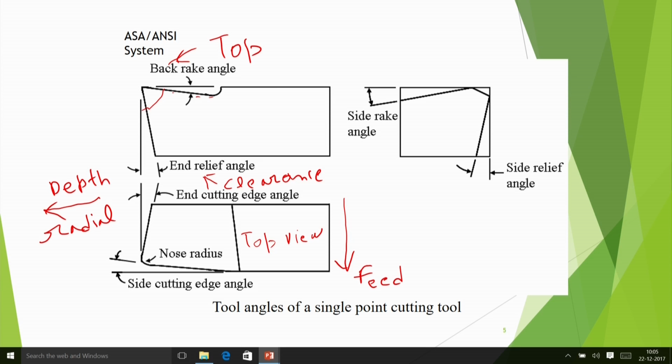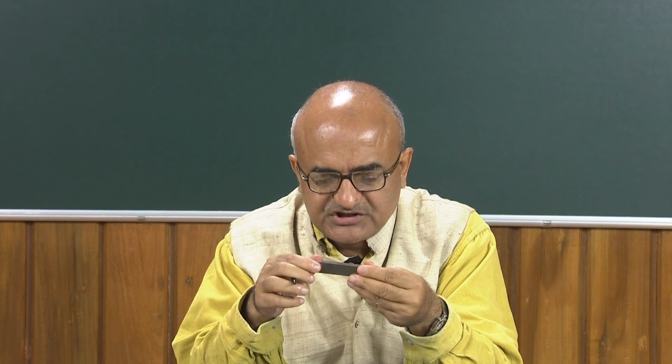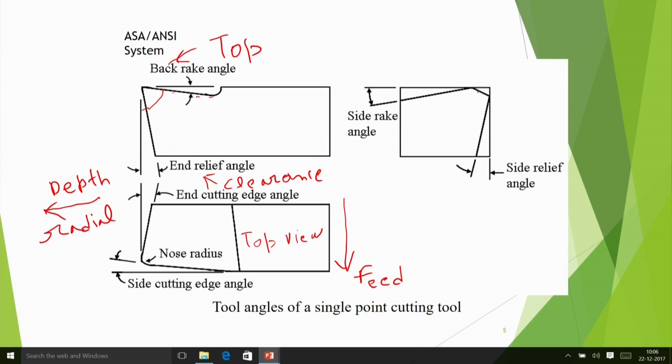If from the side you see, then you will see that this is the main notch portion. From here this surface will be slanting, primarily, because cutting is mostly by the side cutting edge in the lathe. So this is more important than even the top rake angle. Instead, side rake angle is more important. Chip flow will take place on this one.